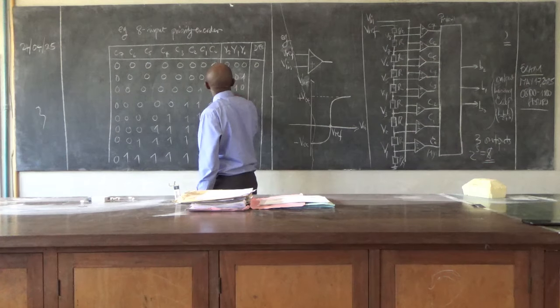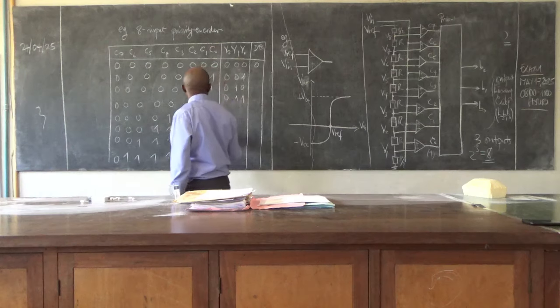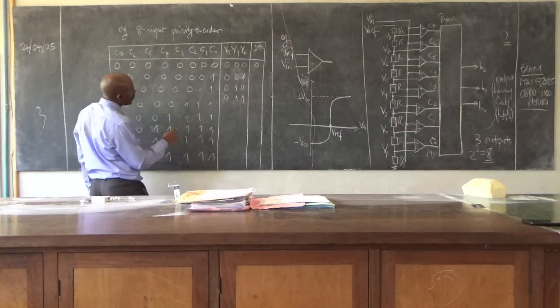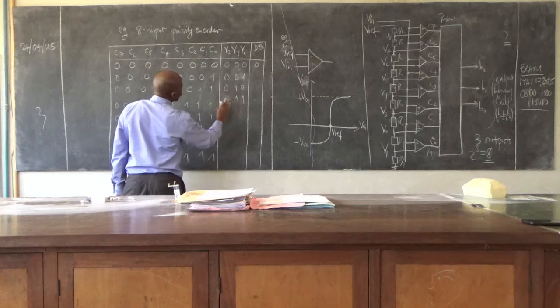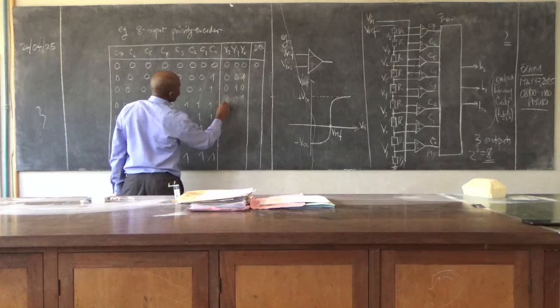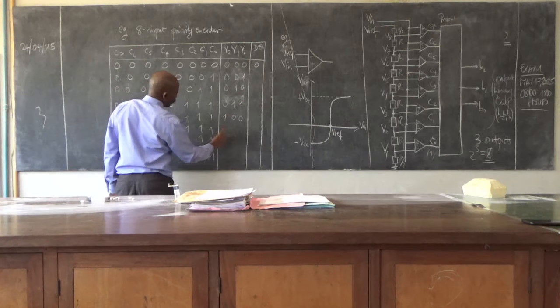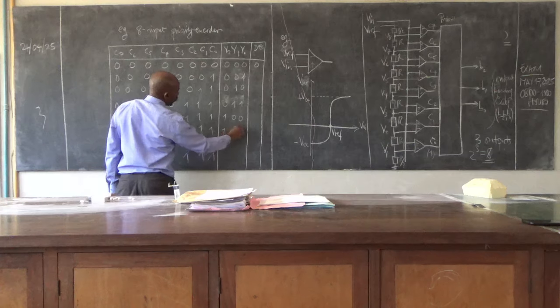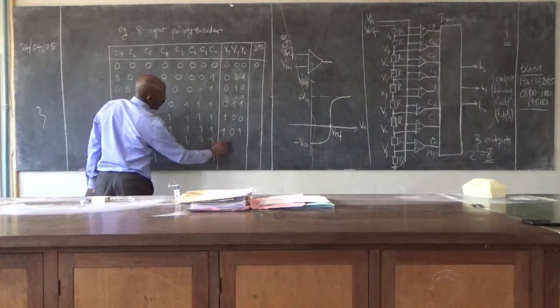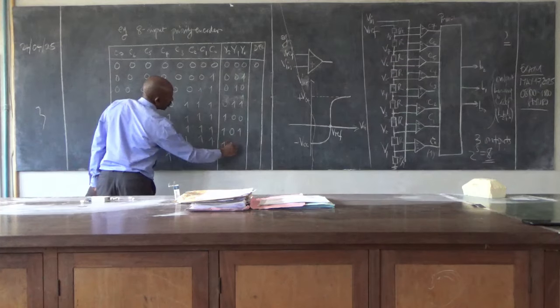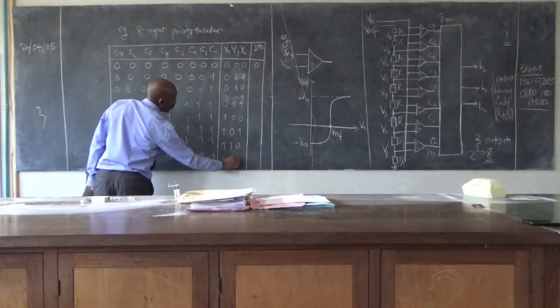So 1, 0, 0, 1, 1. Then, am I in the same lines? This one should be straight here. So this is 0, 1, 1. Then 1, 0, 0, 1, 0, 1. 1, 1, 0, 1, 1, 1.